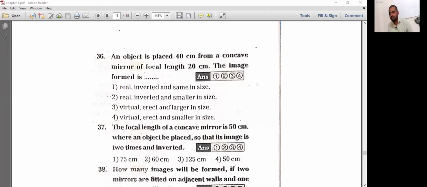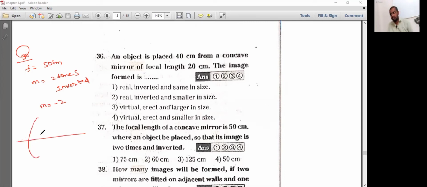Question number 37. The focal length of a concave mirror is 50 centimeters. Where should an object be placed so that the image is 2 times and inverted? The magnification will be 2 times and inverted. Inverted means it will be a real image, so the magnification m is equal to -2.